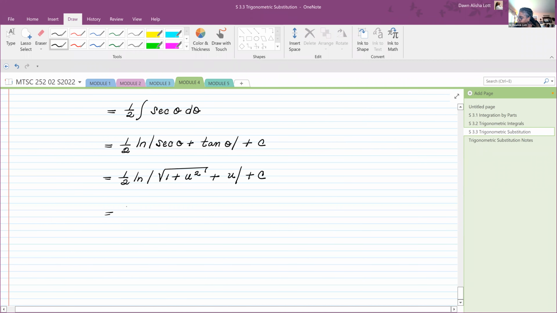So this is 1/2 the log of the absolute value, stop, of the square root of 1 plus 4x squared plus 2x, plus a constant. Okay. That's supposed to be an absolute value. All right, guys, all done for today.